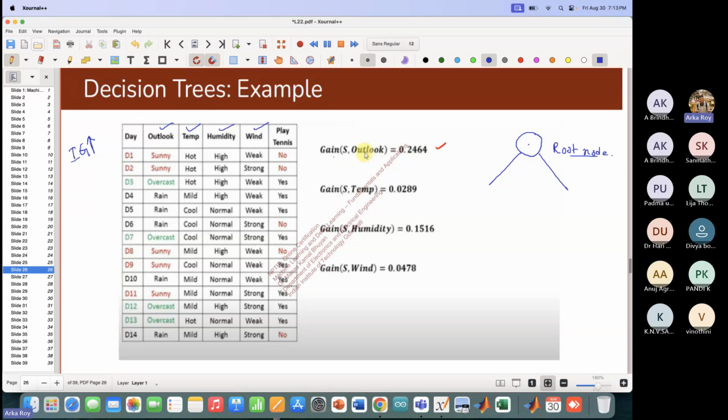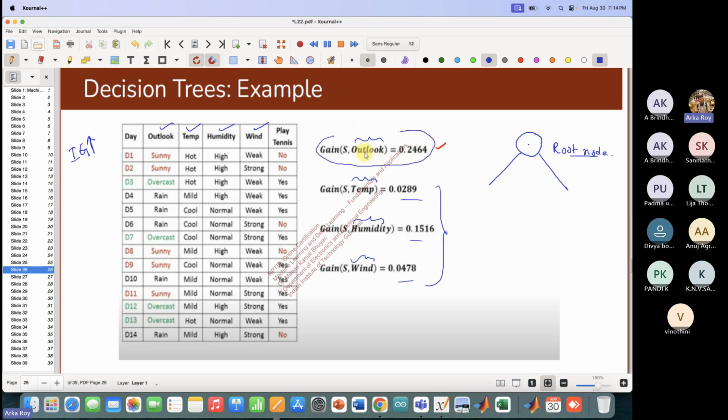Now let's see, they have calculated, just as we calculated information gain a while ago, in the same way the information gain for outlook, temperature, humidity, and wind. We can see that the information gain for temperature, humidity, and wind is quite low, whereas the information gain for Outlook is high.